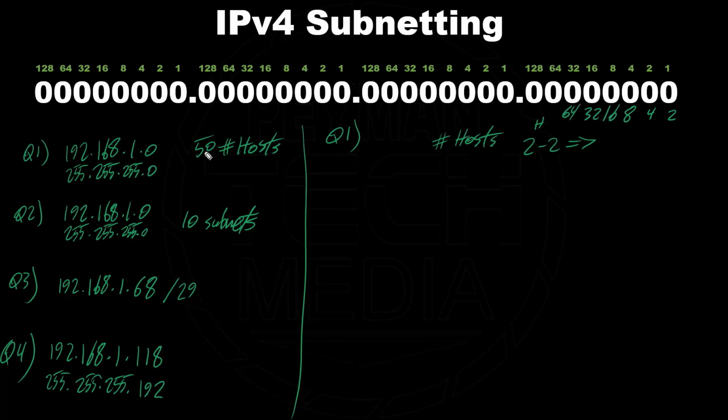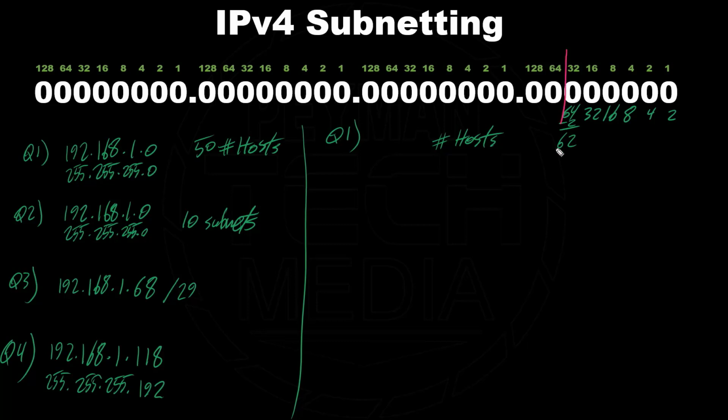They're asking for 50, and this block of 64 is perfect. So 64 minus 2 is 62. So 62 is enough IP addresses. Basically, it meets the requirements. They are asking for 50, and we are not wasting too many IP addresses.